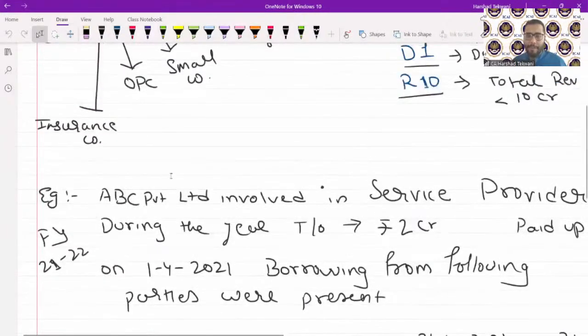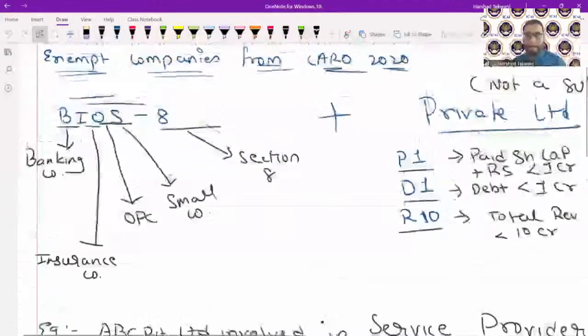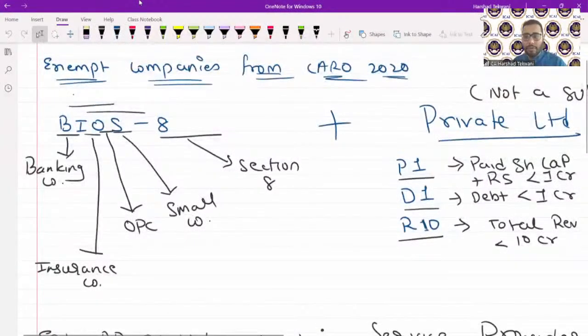I hope I'm clear. Any doubt, guys? Any doubt? So guys, this was basically the applicability of the CARO 2020. Very important to understand, because once you decide if CARO 2020 is applicable or not, then only we can proceed further with the clause.